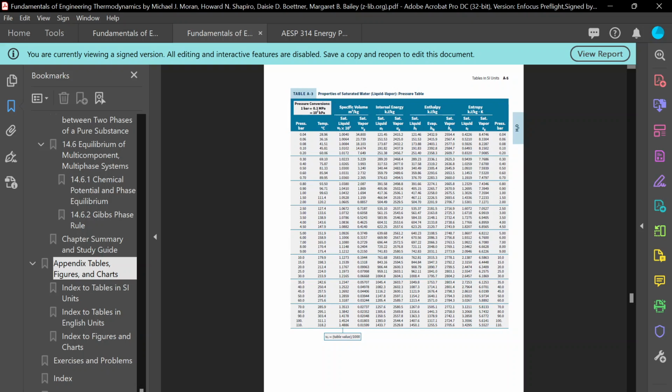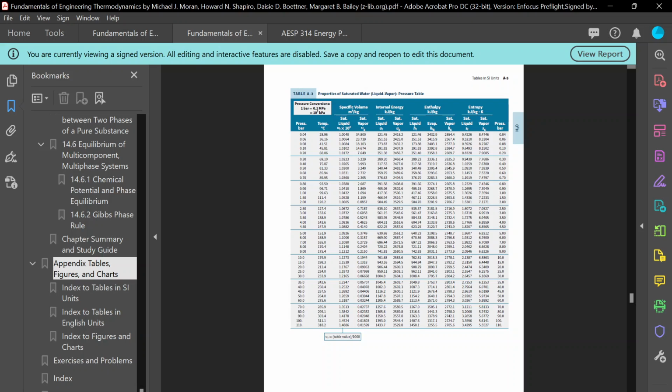So what is the pressure that is given to us? 0.008 for the liquid one, right? So 0.008 megapascals.